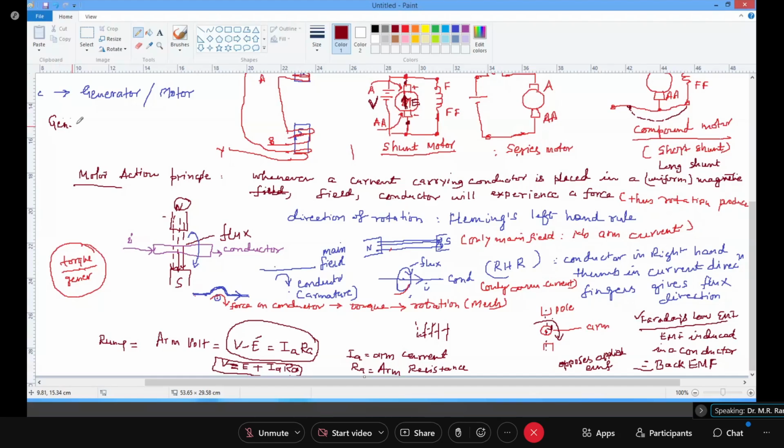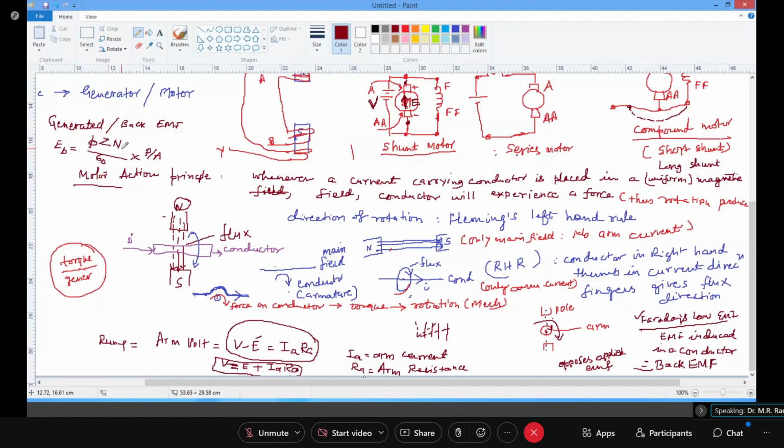The generated EMF, or back EMF, the name given in the case of a DC motor, is normally denoted as EB. It is given by phi Z N by 60 into P by A. That is the formula.